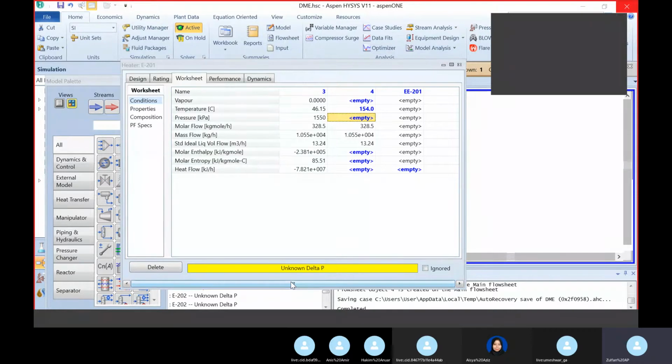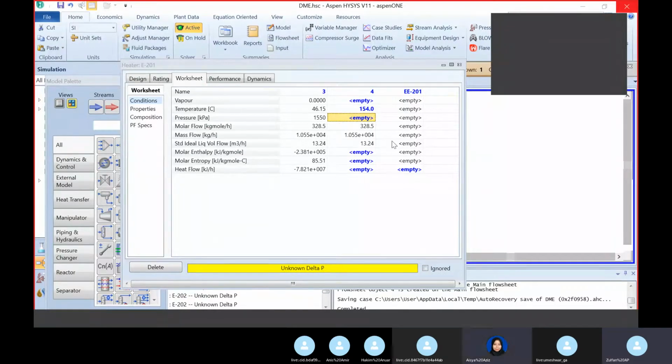Because if we don't specify the pressure or delta P, we don't know what the vapor condition is, right? You can still remember that phase diagram. So we need to specify either the vapor fraction or the pressure.